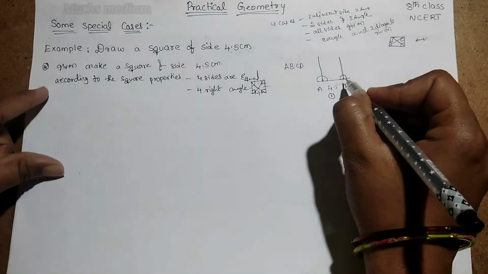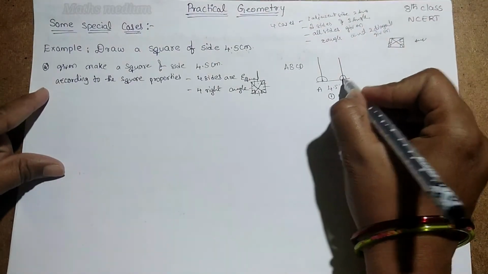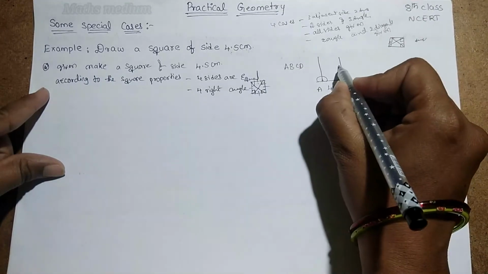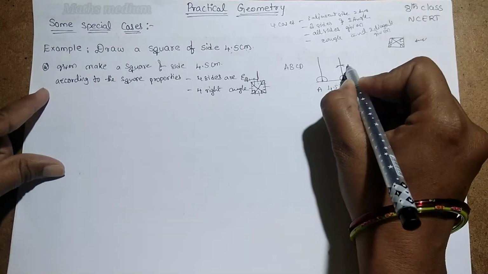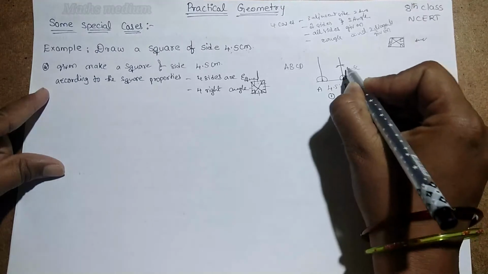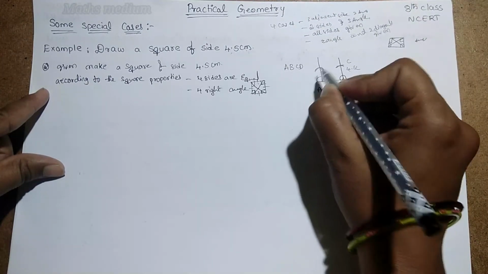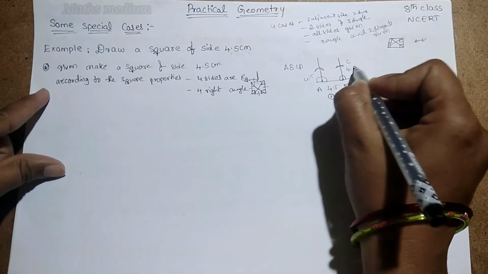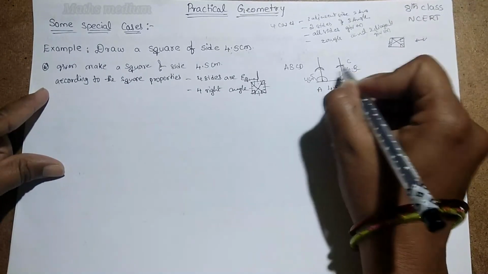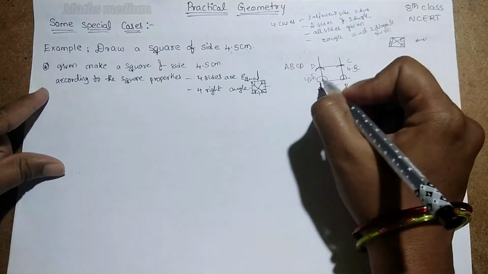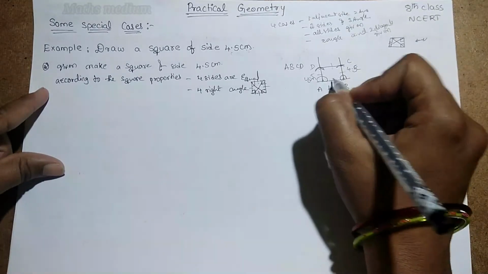And we know the other side, that is from B to C, all sides of a square are equal. So take the compass help, make an arc at 4.5 centimeters. So let it be point C. Similarly, take the same step here also with 4.5 centimeters. We get 2 points, those are C and D. Connect these 2 points, we get a square like this with all sides equal.